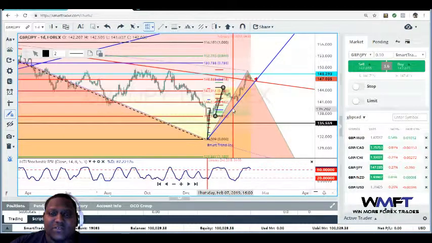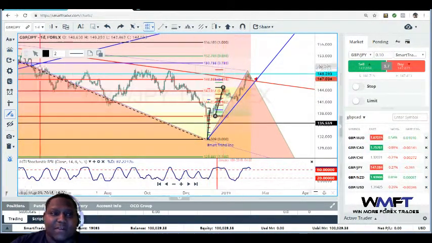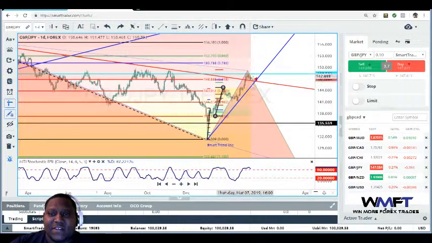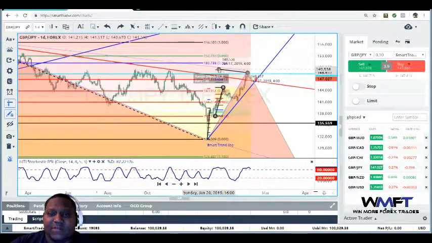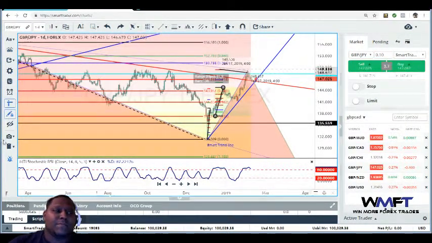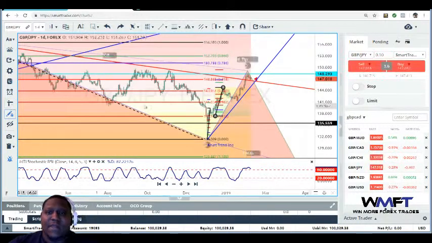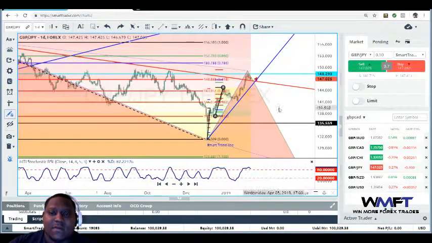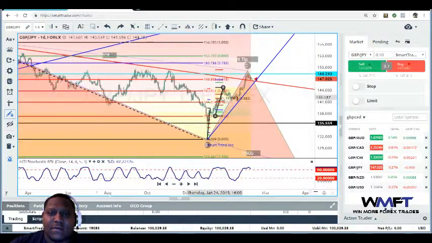Let's see how close we are on the Fibonacci. The market actually came within a matter of pips from that 618D extension, and the market was almost there. It was still like 80 pips away. But right now we're starting to get close. All right, let's go and clean it up.